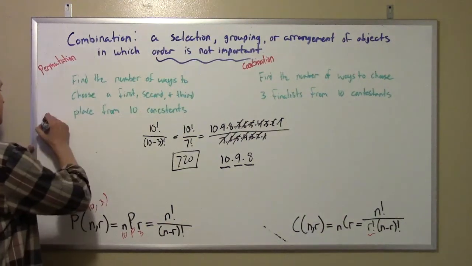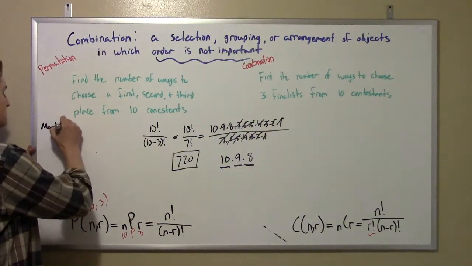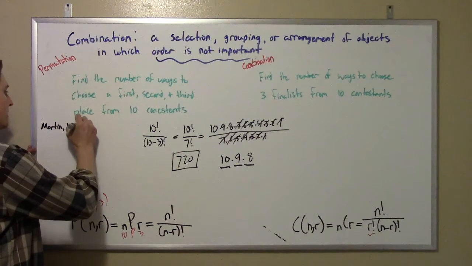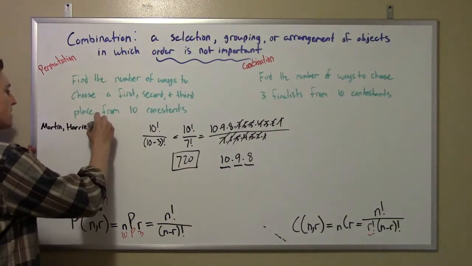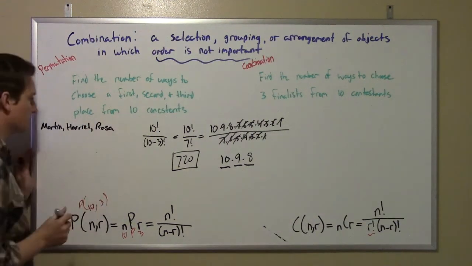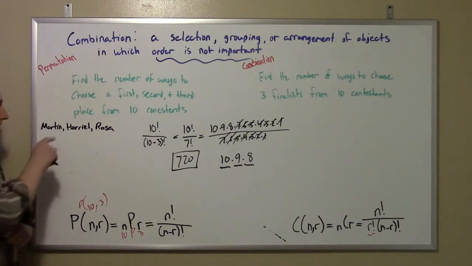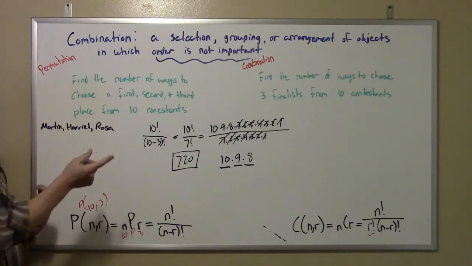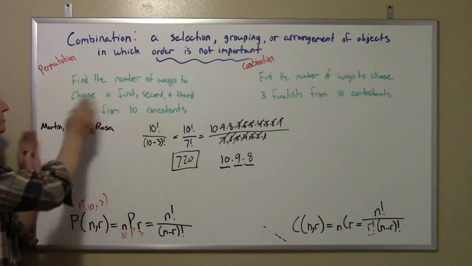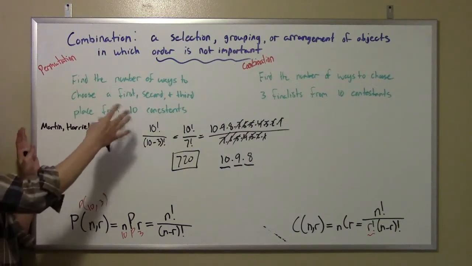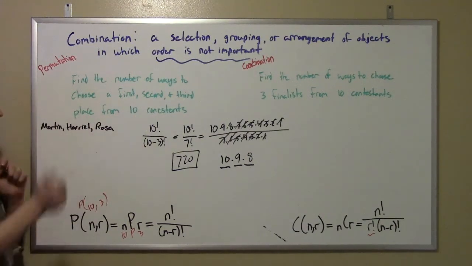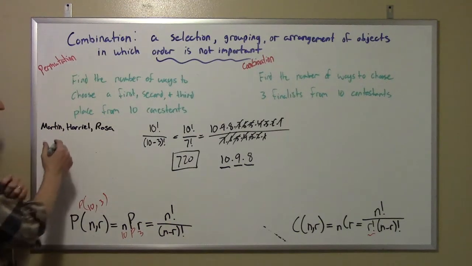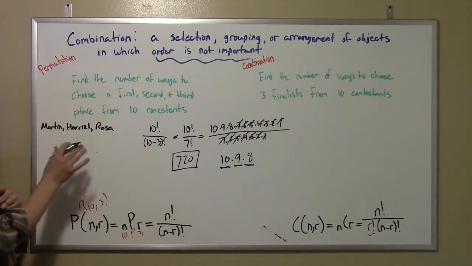We're going to take Martin, Harriet, and Rosa. Okay, and we're just going to see what are all the different ways we can list just 3 of them. Now there's 10 people total, right? So just with one group of 3, now there's lots of different groups of 3, but just with one group of 3, how many different ways are there to do that? So we're going to do first, second, and third place. We'll just list them in order.